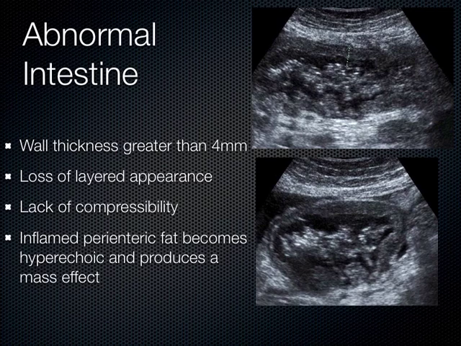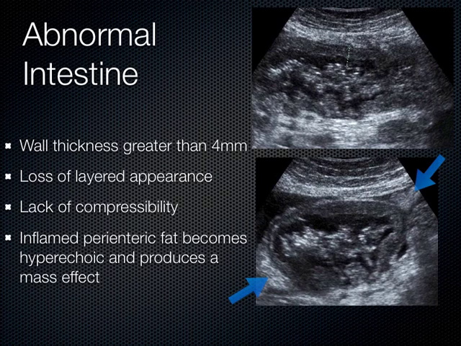We have the loss of that layered appearance. It's hanging out by itself. It's no longer compressible. That's another thing. Normal intestine should be nicely compressible. And if you look around the edges of this, stuff that's inflamed always appears hyperechoic, very bright. We can see around the edges of the structure here, it has these hyperechoic areas.